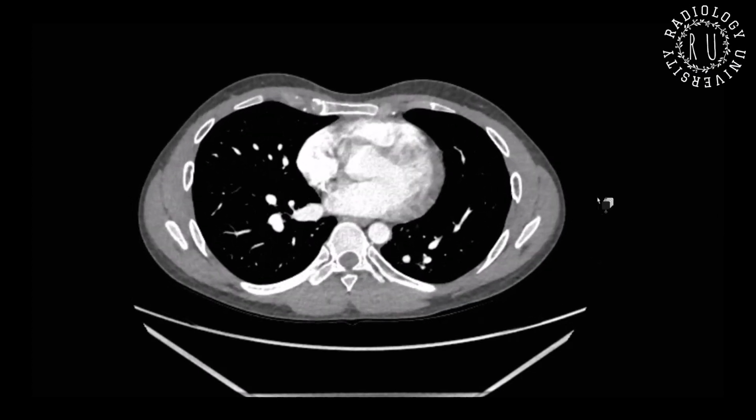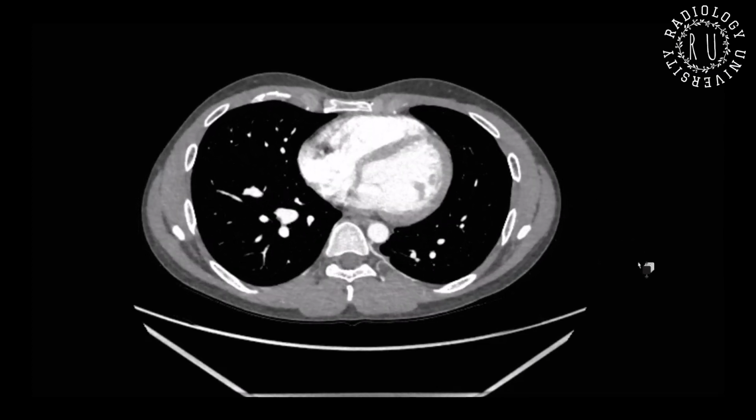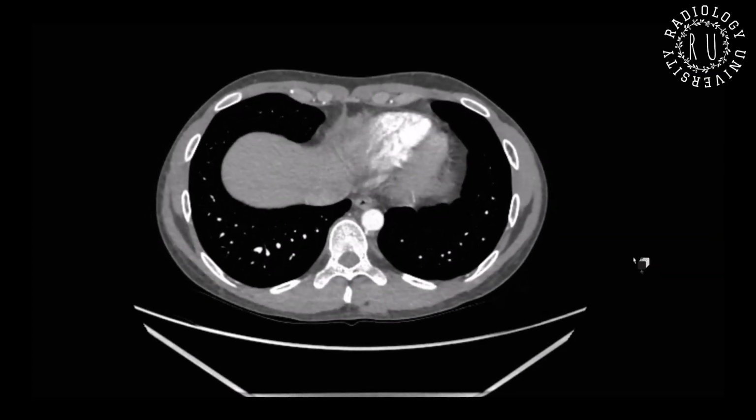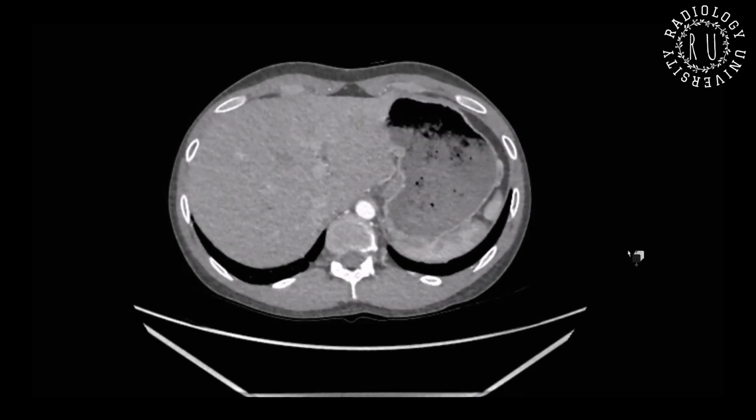I noticed there's a cavitary lesion with perilesional enhancement over the apical left upper lobe with cavitary changes and internal cystic changes.